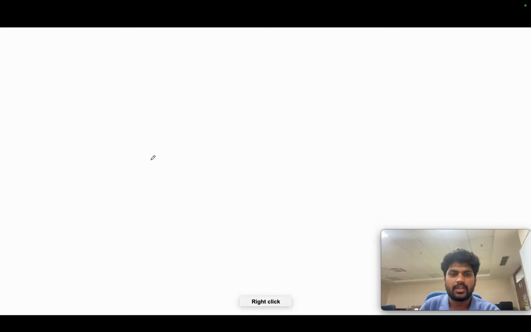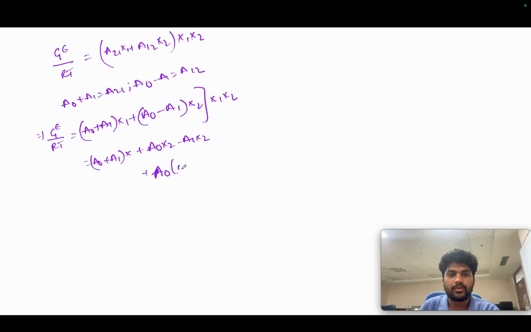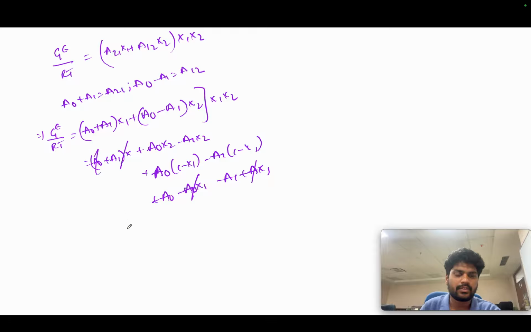Now I explain this one as 1 minus x2 plus a1 of 1 minus x1. So a into a0 minus a1 plus ax1. If you see, this gets cancelled with this, and we got a0 minus a1 of x1 x2.